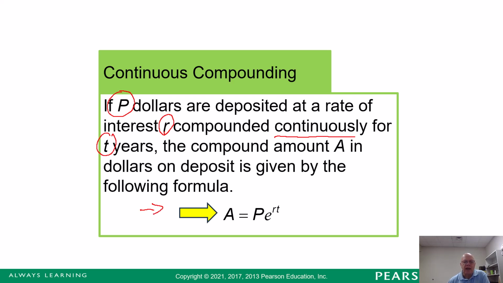So compare that with the other one. You need to know both of them. Yes, you need to know both. This is for continuous, and I'll just call this anything other than continuous.